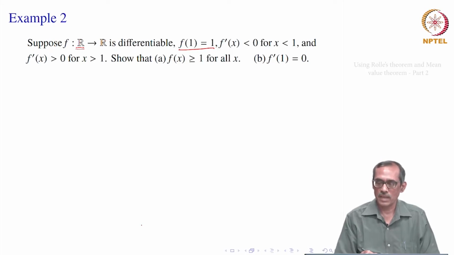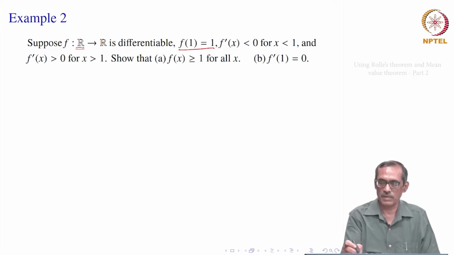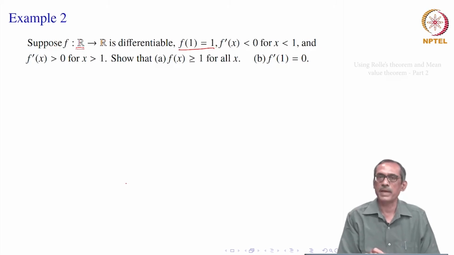That is, at 1 it is equal to 1 and to the left of it f prime is 0. See, there are two different pieces of information. One is about the functional value of f at 1 and the other one is talking about f prime. So, f prime x is 0 for x less than 1 and f prime x is bigger than 0 for x bigger than 1. Okay.